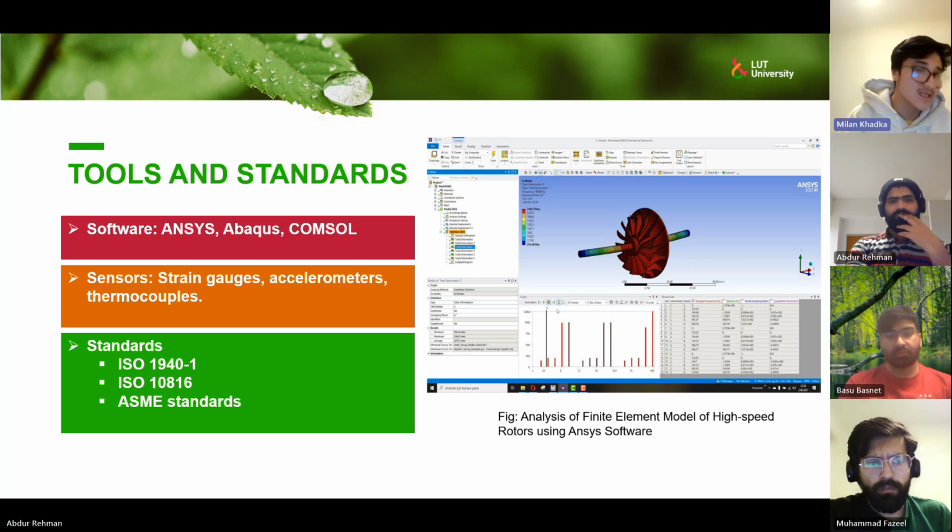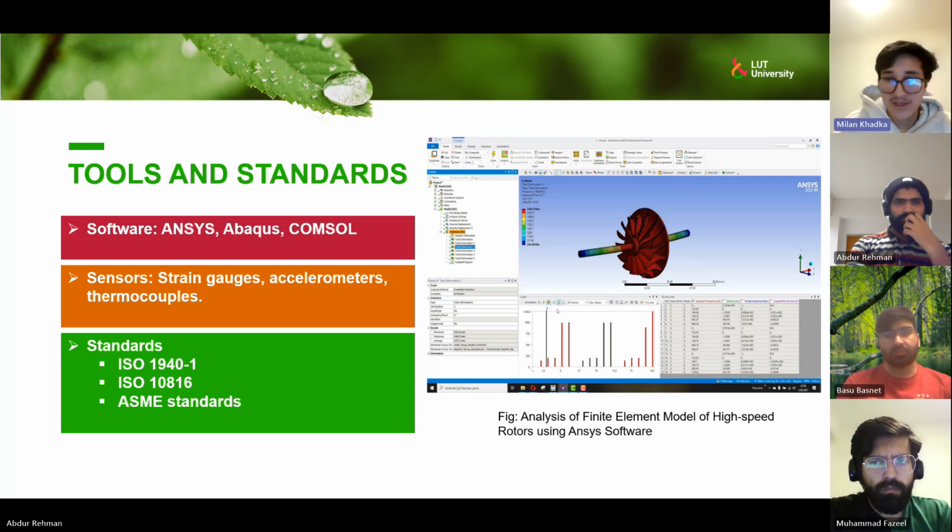All these tools, software, and standards provide a framework for analyzing and monitoring high-speed rotors. And in this figure, we can see the analysis of high-speed rotors using the ANSYS software. So we can use software like this. Can you please go to the next slide?